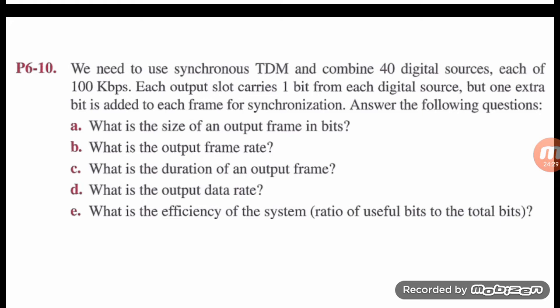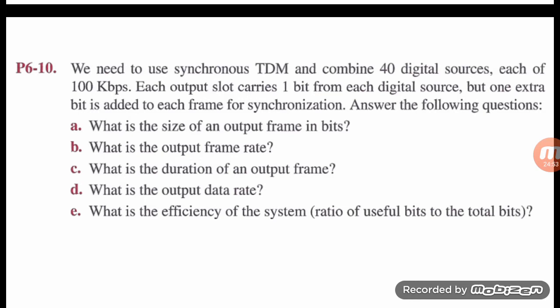Yeah, so 1 over 100 kilo is 10 microseconds. No, what I was saying, it's not 1, because it is 10 to the power minus 5.